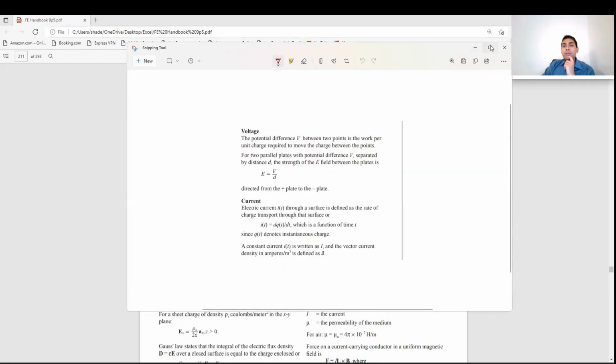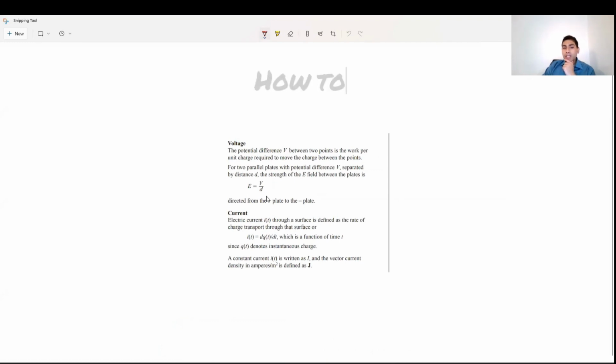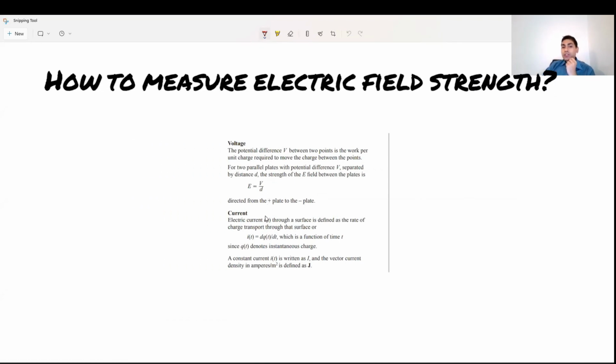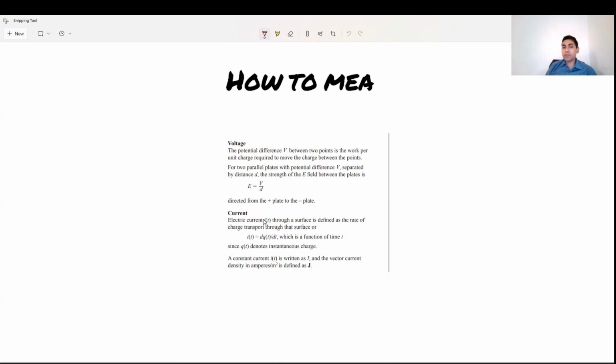Okay, let's just keep it over here. Now, there are 2 ways of measuring electric field. Let's just start with this one. Basically, you want to find the strength of the field.